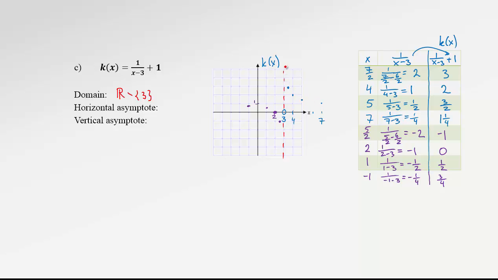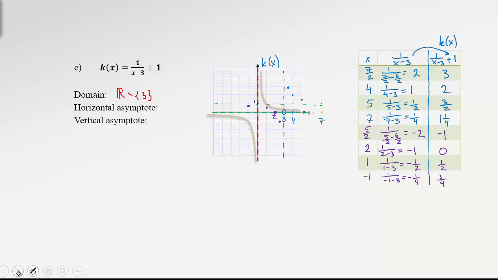Because now we know that the shape must approach this asymptote. The horizontal asymptote in this case seems to go through the level 1. The values are trying to approach 1 from the top, closer and closer to 1. And from the bottom, the numbers are approaching 1, but they're a little bit lower than 1, right? So as soon as we have these two asymptotes drawn, it is a lot easier to join the points correctly.